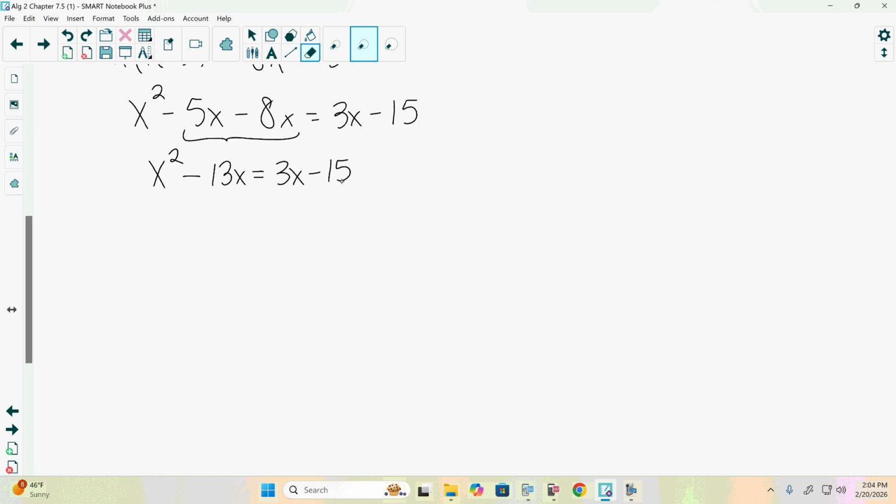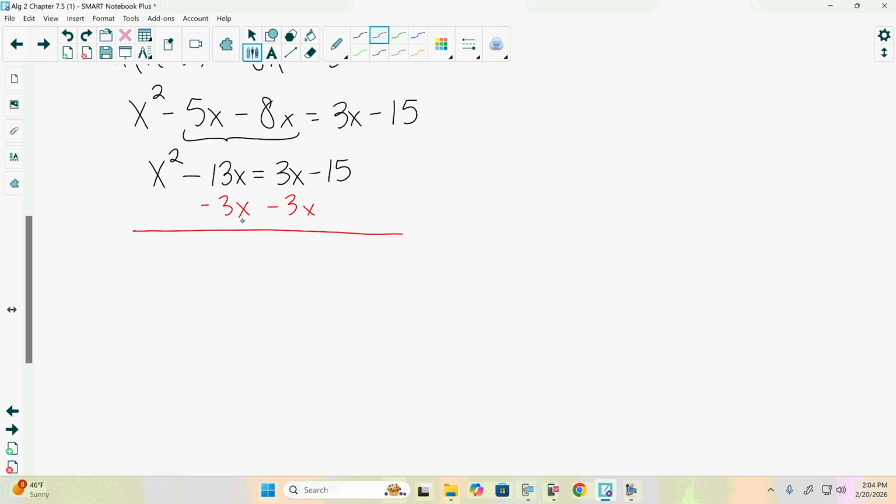Because it's going to be easier to get it equal to 0 if we don't have two like terms sitting next to each other.